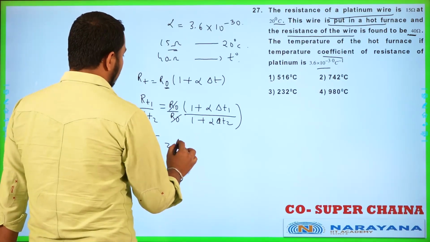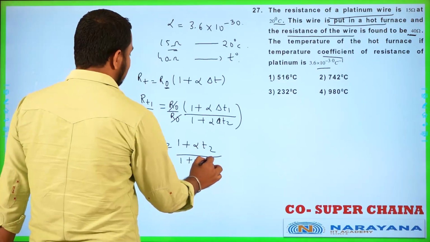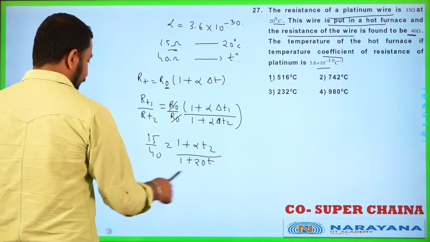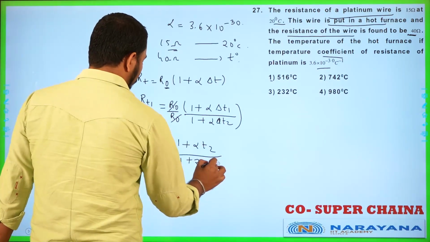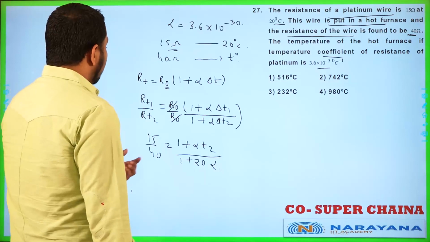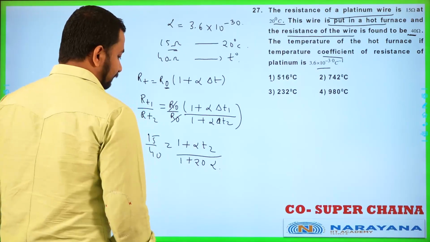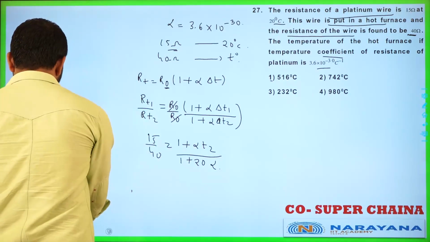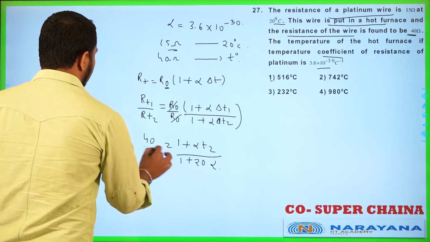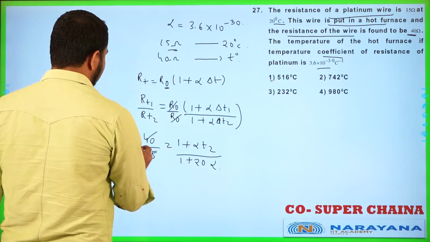In the first case it will be 1 plus 20 alpha, and for the second case it will be 1 plus alpha T2. Taking the ratio as 40 by 15, we have taken the first temperature as this. So it will simplify to 8 by 3.